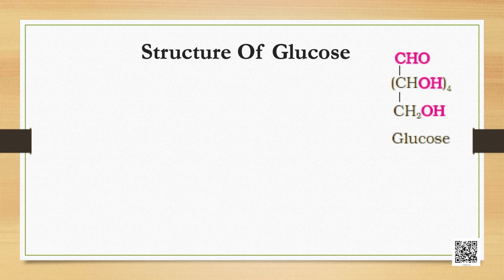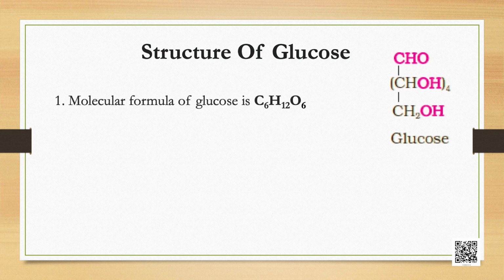Glucose is an aldohexose. It is the monomer of many larger carbohydrates, namely starch, cellulose. It was assigned the structure shown on the slide on the basis of these evidences. First, its molecular formula was found to be C6H12O6.